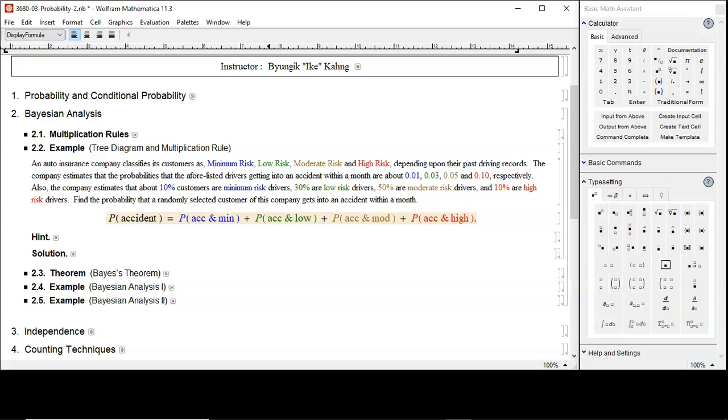The problem does not give you the probability for having an accident one way or other directly. This problem gives you a classification: minimum, low, moderate, high. And for each class, we have conditional probabilities. You see, these 1%, 3%, 5%, 10% are all about accidents, but for different conditions. So these are conditional probabilities, not straight up probabilities. So if you write it like this, it'll be wrong.